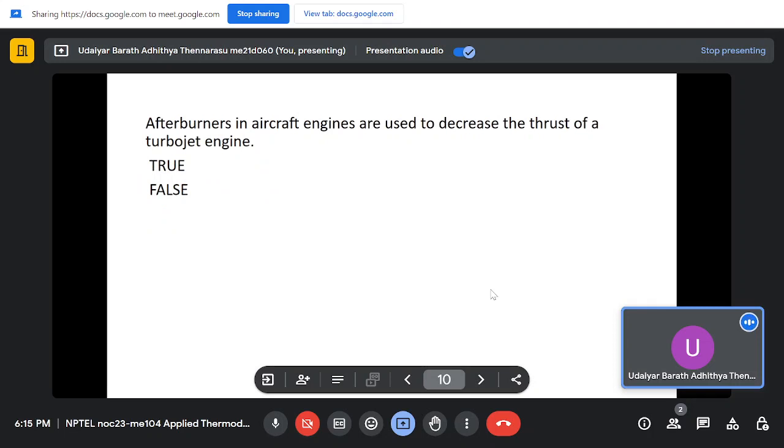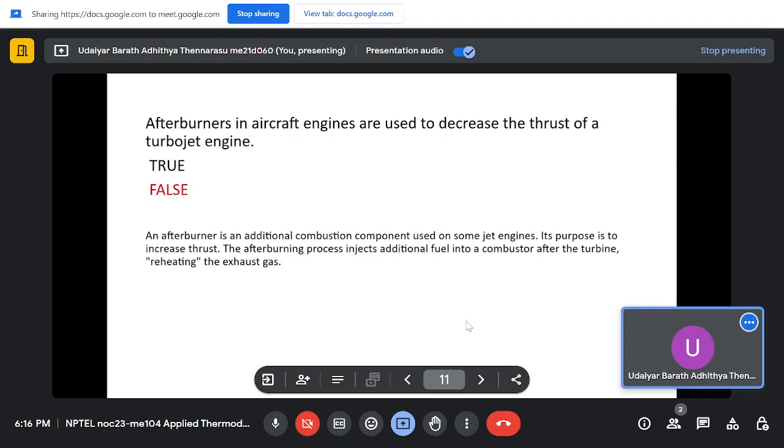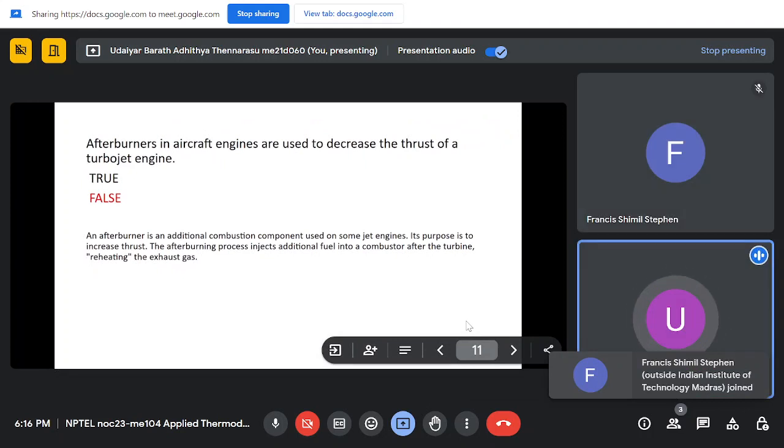The next one is, afterburners in aircraft engines are used to decrease the thrust of turbojet engines. It's a true or false statement. The answer is true. Sorry, decrease. Sorry, this is false. What happens is after the compressor and combustion chamber, you increase the energy of the fluid and expand part of it.